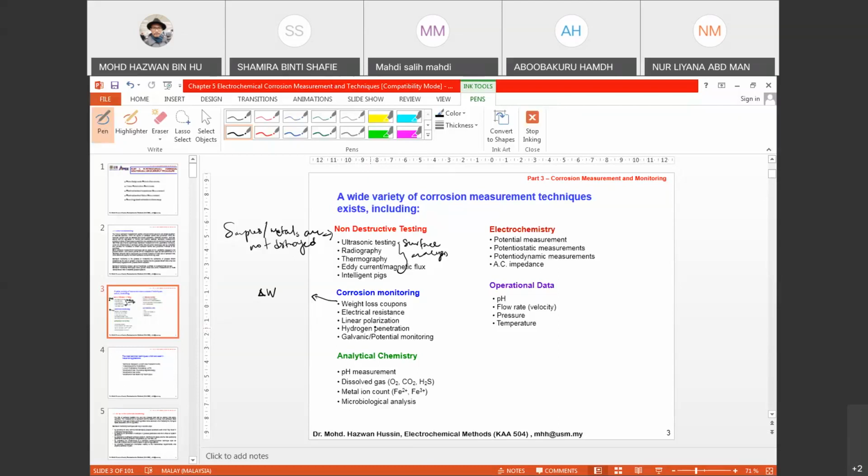Hydrogen penetration is also another technique to see how much of the reduction process has produced, by measuring the volume of hydrogen produced. And then finally, we have galvanic and also potential measurement.